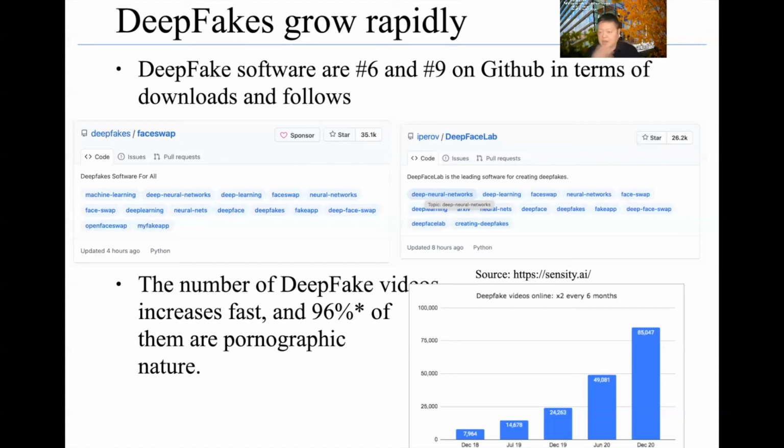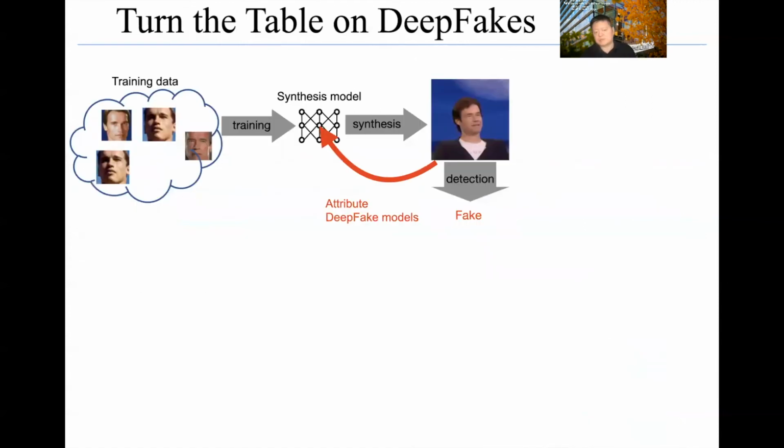Being proactive means that we want to disrupt the generation process of deepfake media, and turn the tables on the deepfake producers. So there have been several developments recently in this direction, going beyond passive detection of deepfake media.